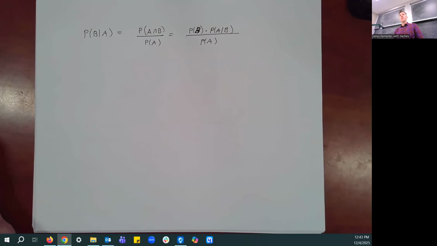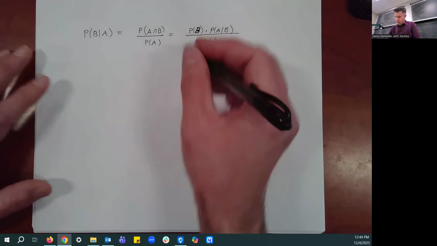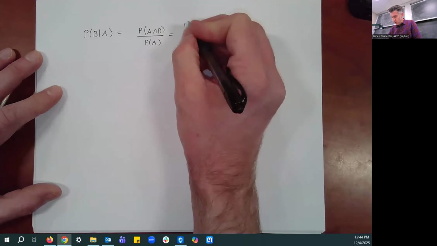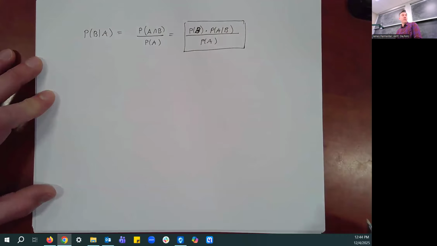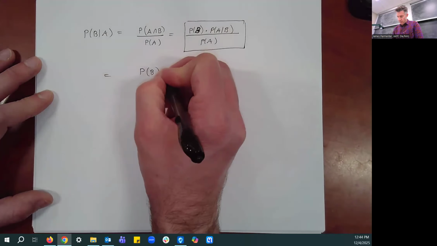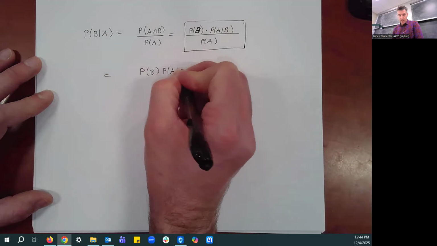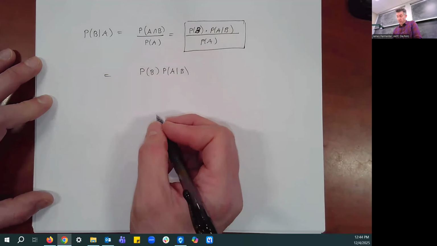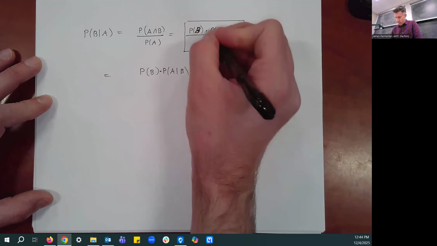But in my opinion, that's not how the expanded formula is usually written out. It's a good starting place, but then we have to know how to find the probability of A. So here's what you've got on your formula sheet, and here's where I would go further. This is going to be equal to the probability of B times the probability of A given B, and I've written it in the opposite order on top. That's fine. Order of multiplication doesn't matter.